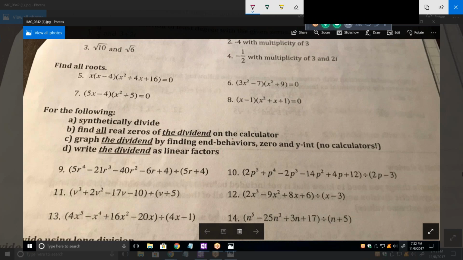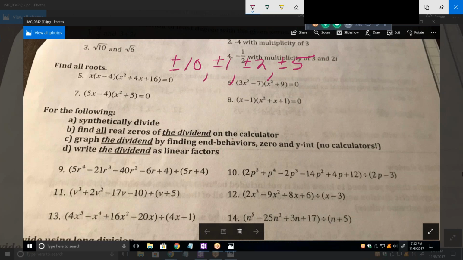So here's all of our various possible rational zeros. They're always plus and minus. So you start with plus and minus 10, plus and minus 1, plus or minus 2, plus or minus 5.